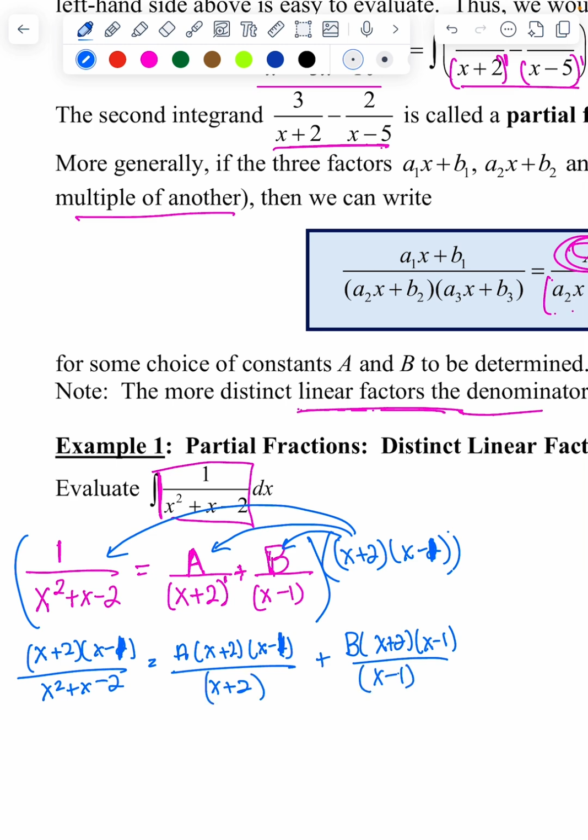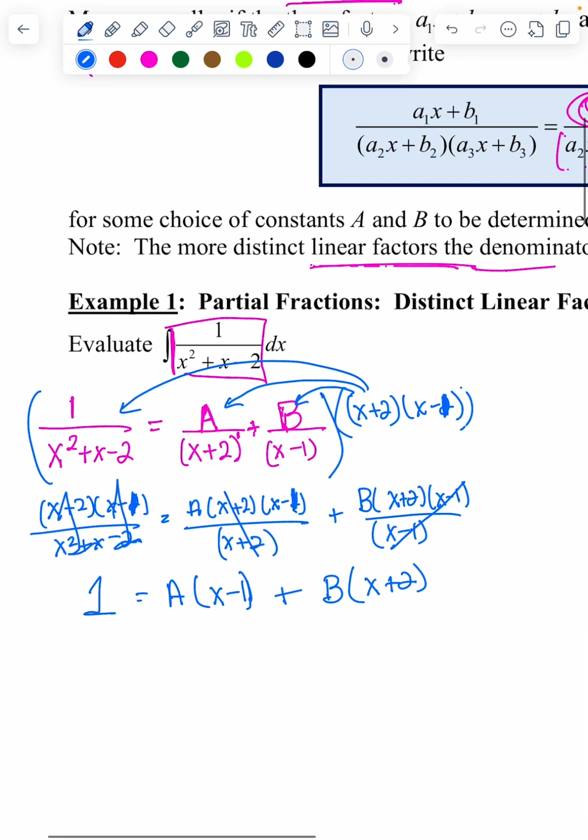And you notice that the left side will cancel out with the denominator if I factor it down, so we're left with just 1. Here, the x plus 2's cancel out, and you're left with A times x minus 1. And here, the x minus 1's cancel, and you're left with B times x plus 2. So how can we solve this algebraically? Well, we're going to use a little trick, okay?